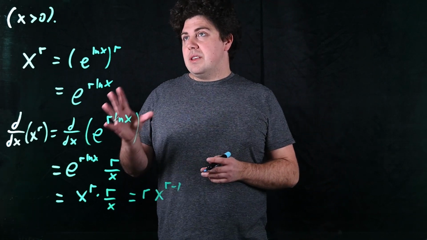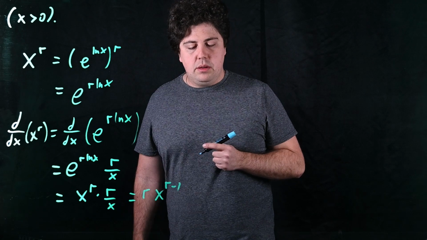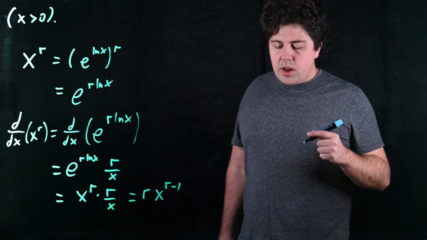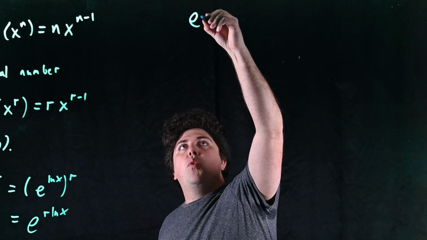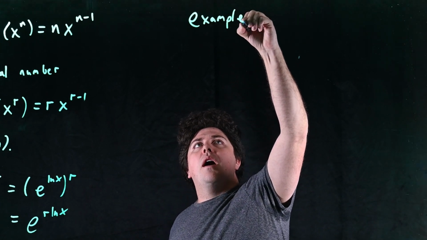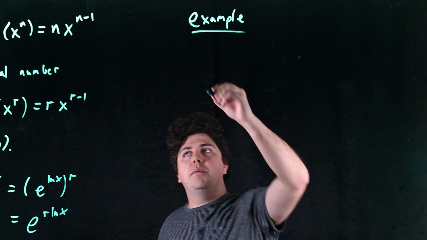So we, in fact, have this generalized version of the power rule, which actually holds for any real number. Now, one way that this could show up is in a quick example. An ugly-looking function, but one that we can absolutely differentiate, no problem.